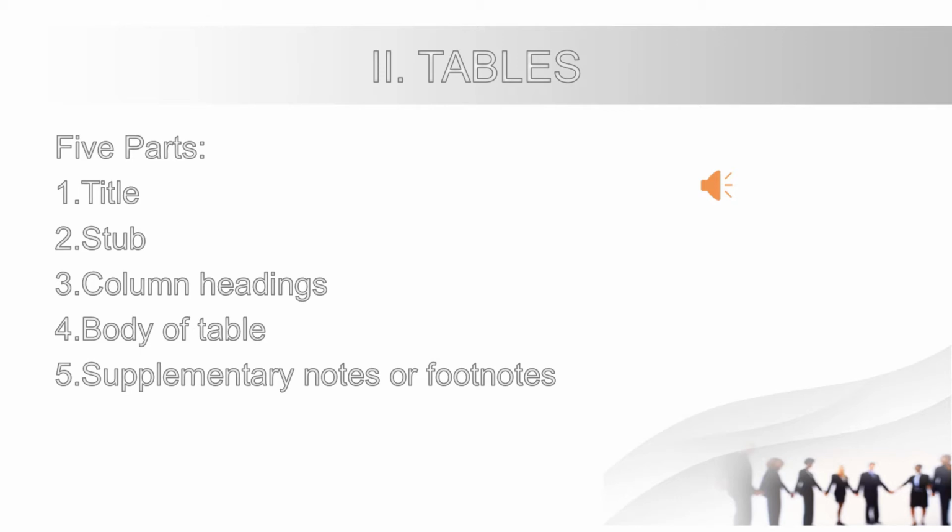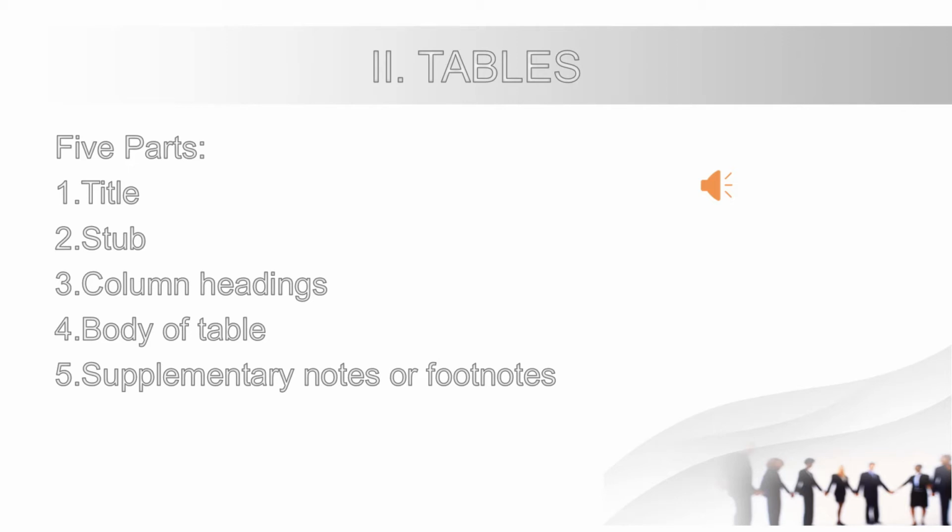The title indicates clearly, briefly and comprehensively what the figures in the body of the table stand for, and of course how the data are classified, and where and when they were obtained. It is usually placed above the body of the table.